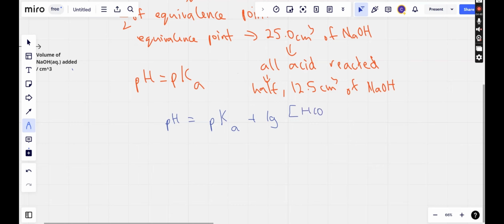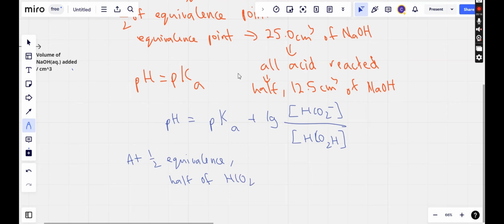So the base over the HCO2 minus, and at half equivalence, half of the HCO2H reacted.